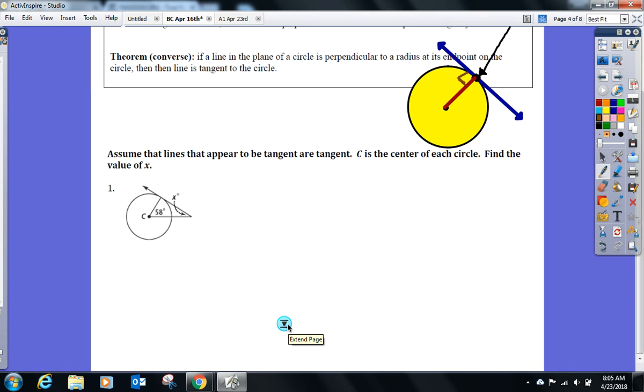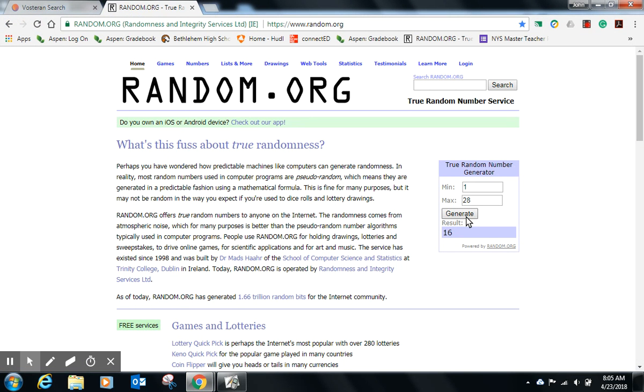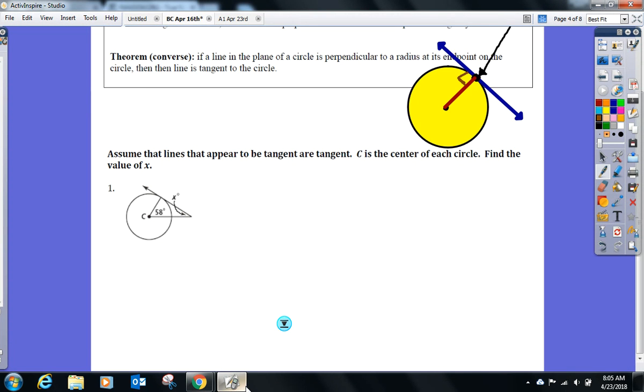Any line, assume it's tangent, sees the center. Find the value of x. All right, so I have a tangent, and I'm drawing a radius to the tangent. What's happening right around here at this angle if I'm drawing my radius to the point of tangency?